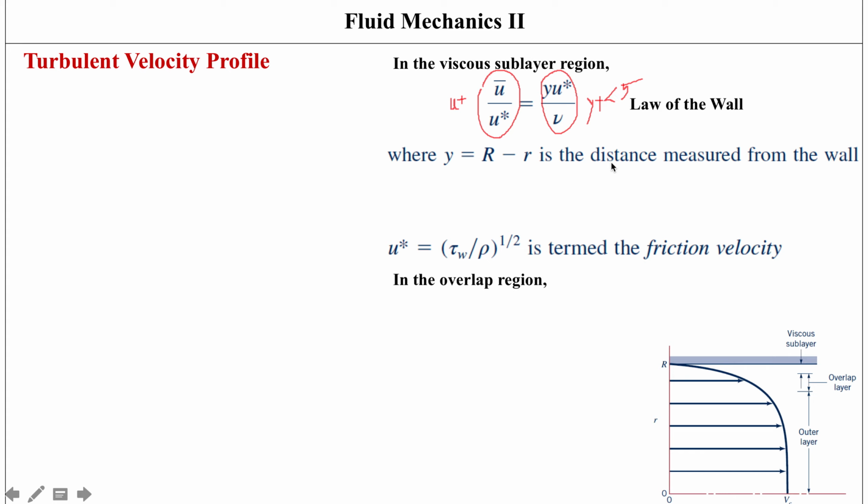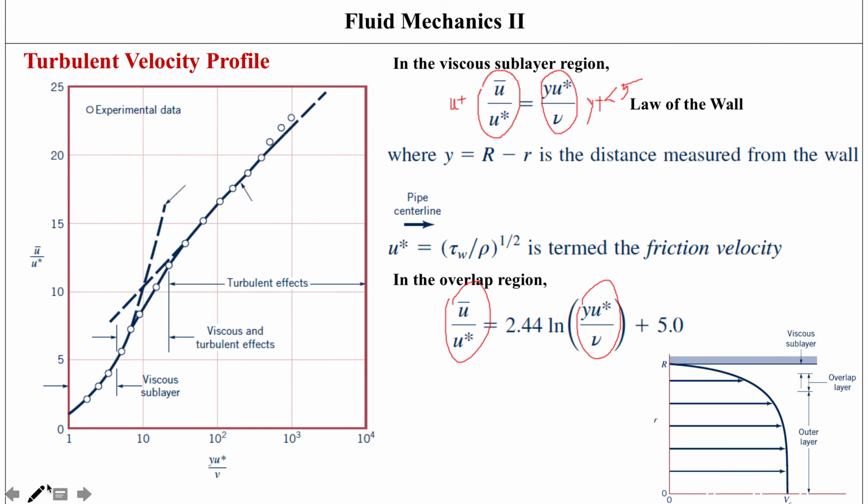But for the overlap layer, we have another expression that is going to give us the solution, again in terms of the same two dimensionless quantities, u plus and y plus. It's just that the form of the equation differs.